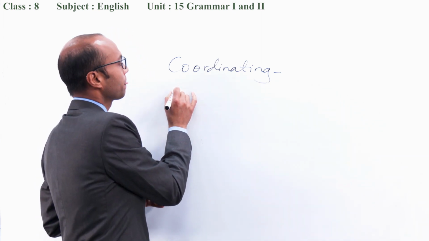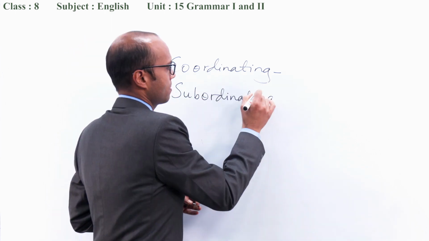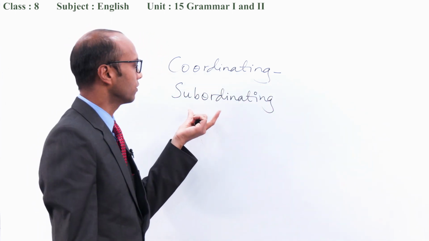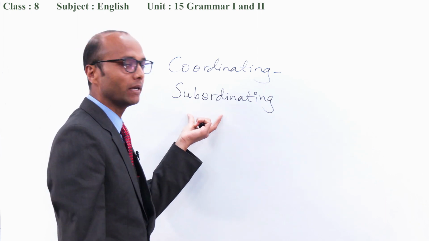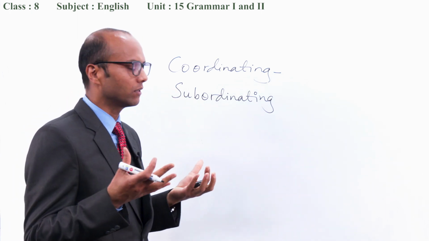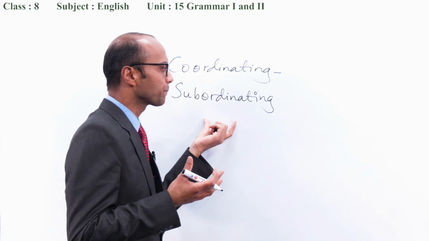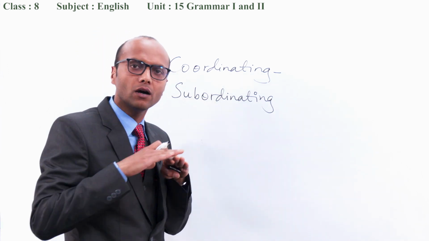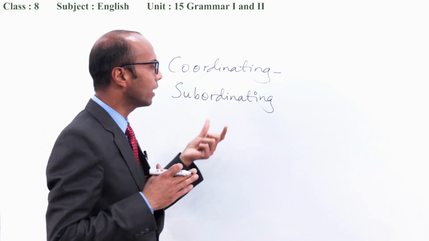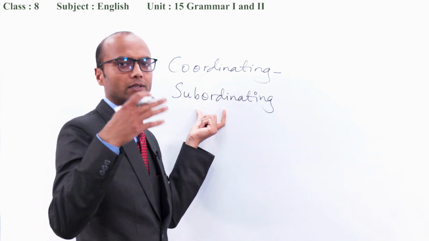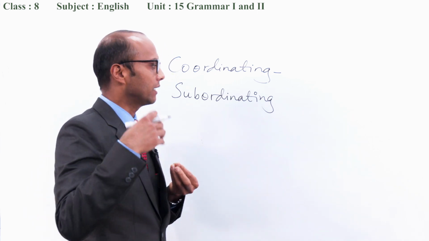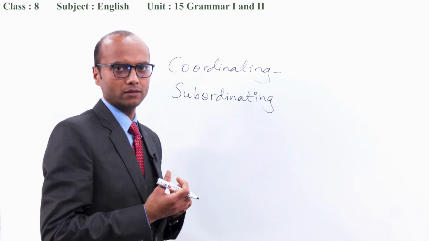Next type, subordinating. Okay, very good. And what about subordinating conjunctions? Very good. So subordinating conjunctions join two clauses, but they are not of equal status. One is dependent, another is independent. One gives its own meaning, and another does not give its own meaning.